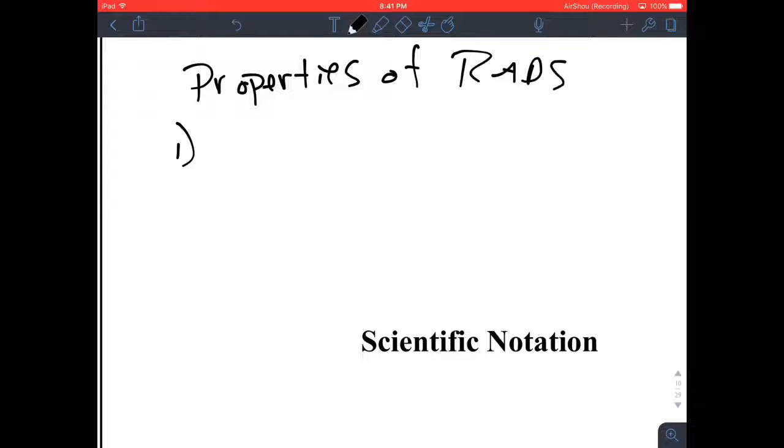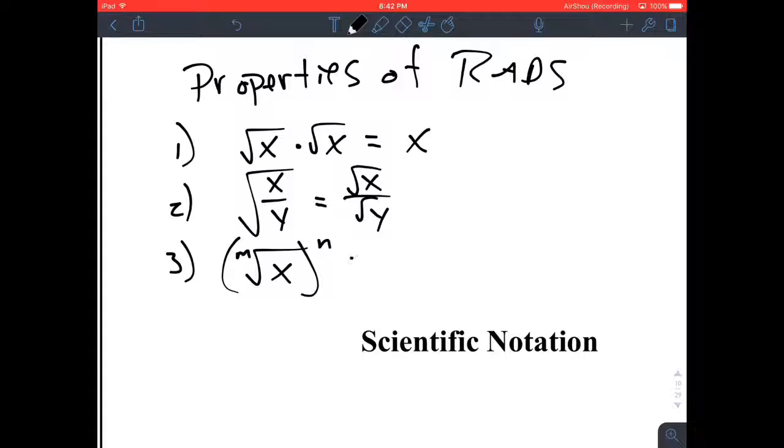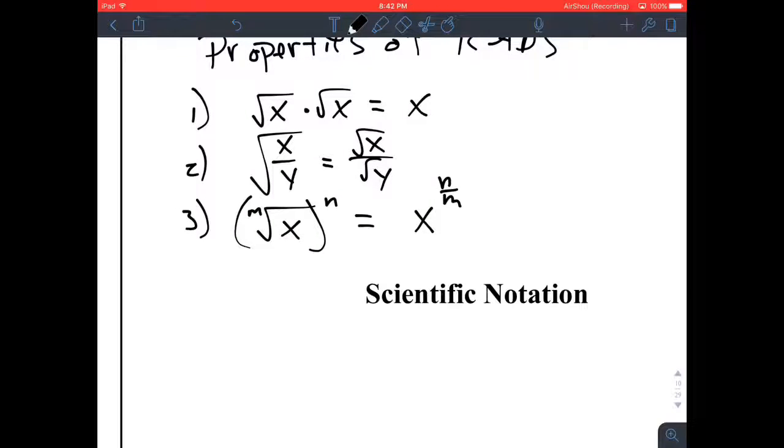One is if you are multiplying the same square root times itself, it's just going to be whatever's inside of it. 2, if you're taking the square root of a fraction, you can just square root the top and square root the bottom. 3, which we've already discussed, if you have the mth root of x to the n, that is equivalent to x to the n over m.